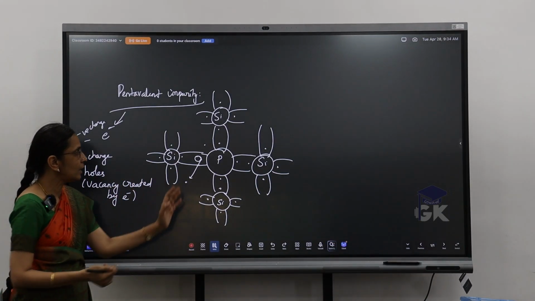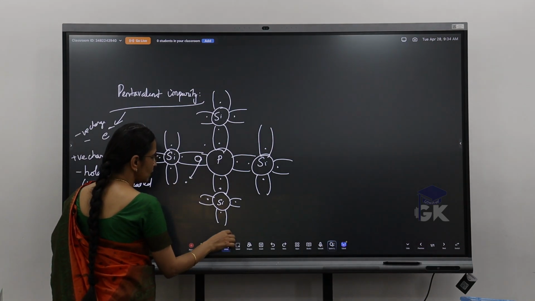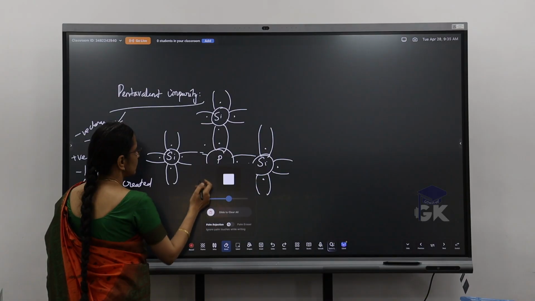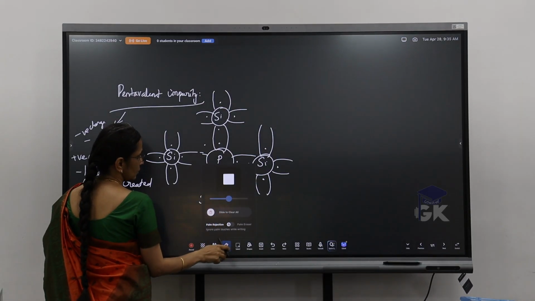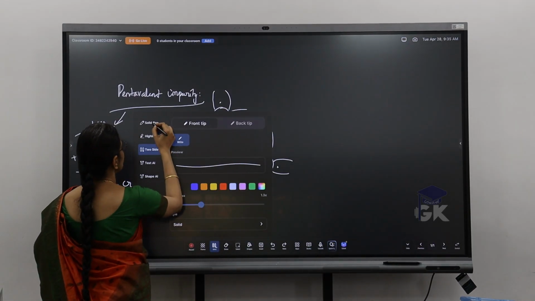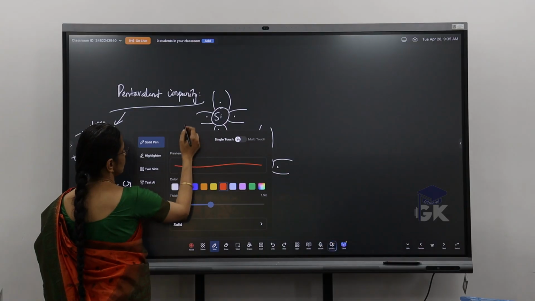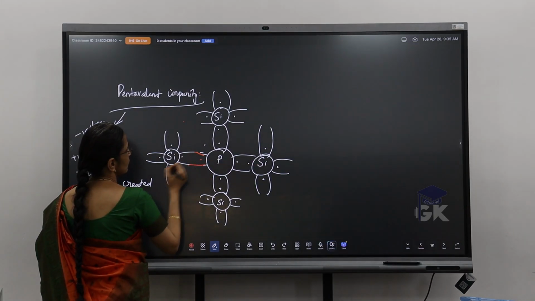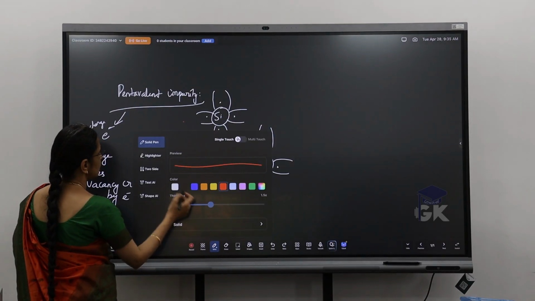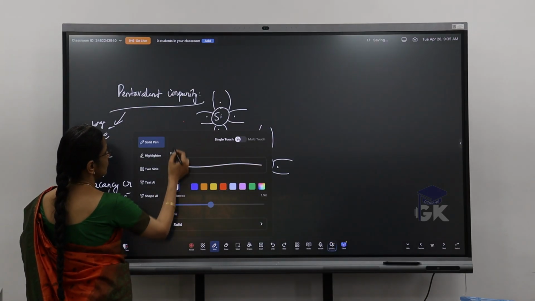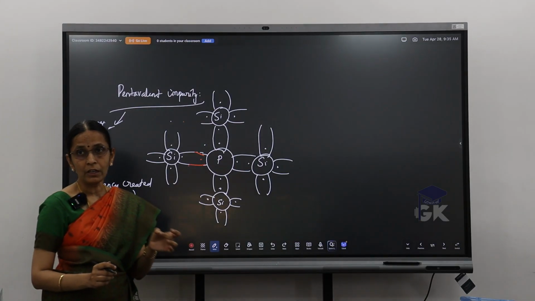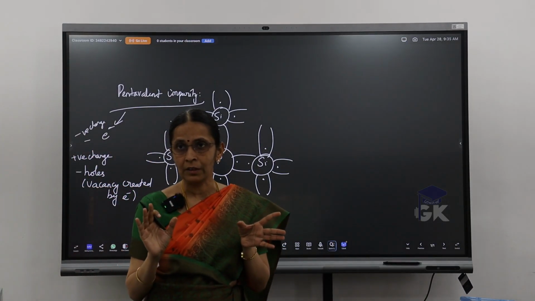So now let us put it back to the same thing. Here, whenever I have a vacancy by an electron, I get a hole created.